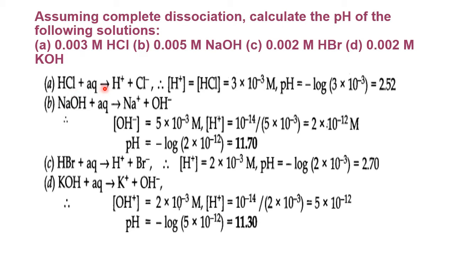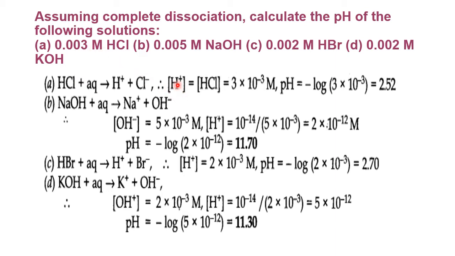0.003 M HCl. When it dissociates completely, it dissociates into protons. So, 1 mole to 1 mole. Therefore, whatever concentration of the HCl is here, that is taken for the H plus.